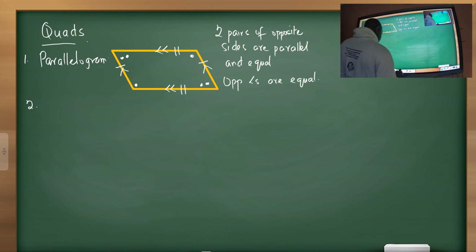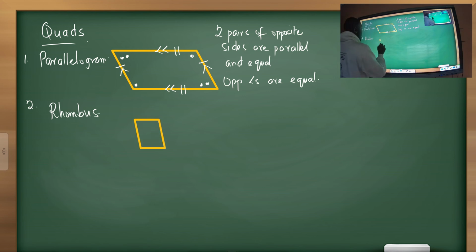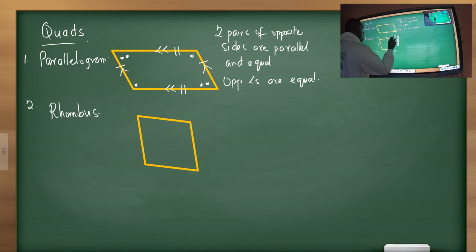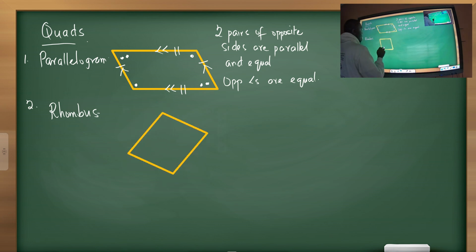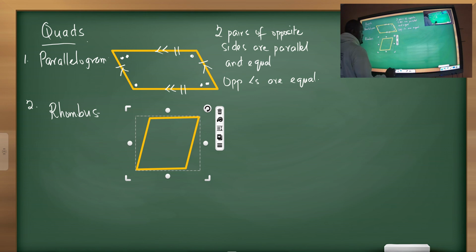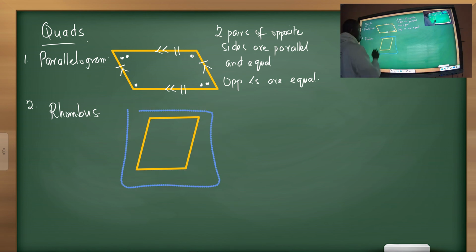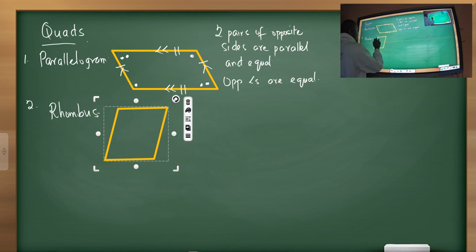Okay, number 2 is a rhombus. Let me write it first. And what is the trick here when it comes to a rhombus? We can turn it around if you want. All right. The trick about a rhombus is this.